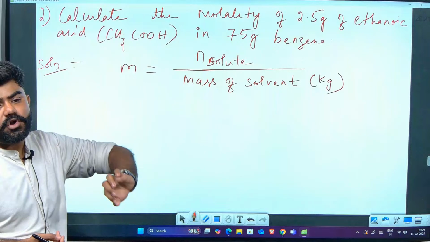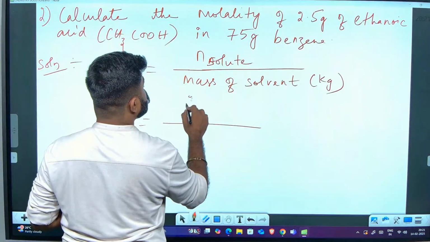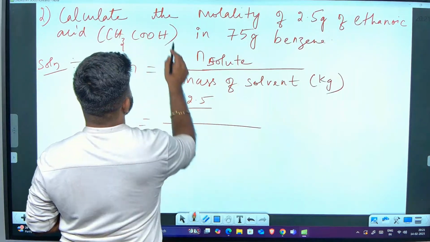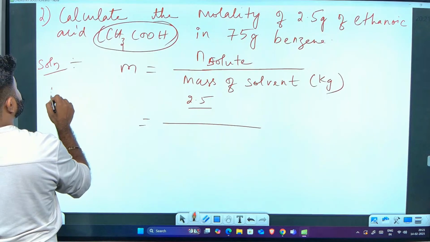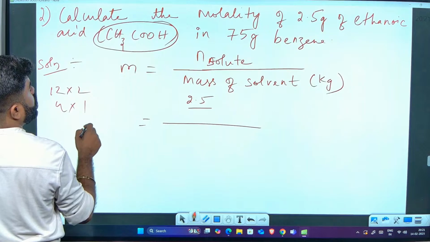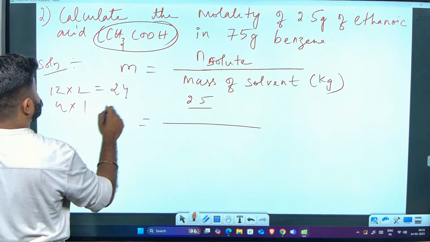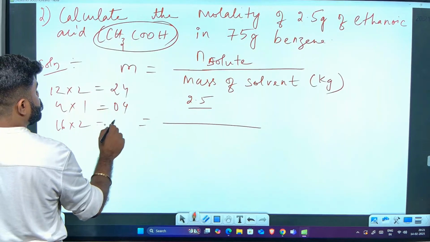Given mass by molecular mass, so 2.5 divided by molecular mass. This has 2 carbons, so 12 into 2, 4 hydrogens, 4 into 1, Oxygen 16 into 2, 32.